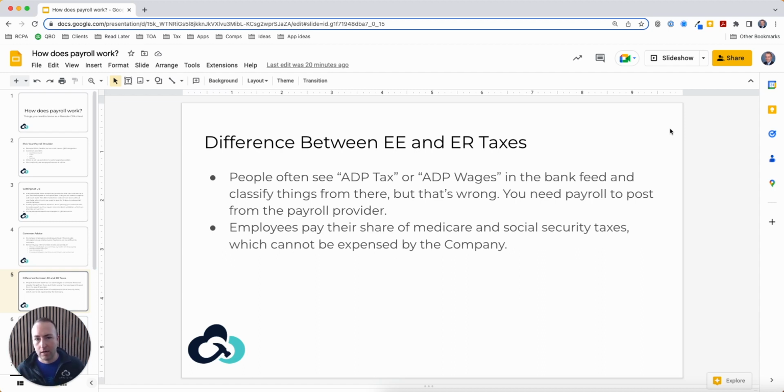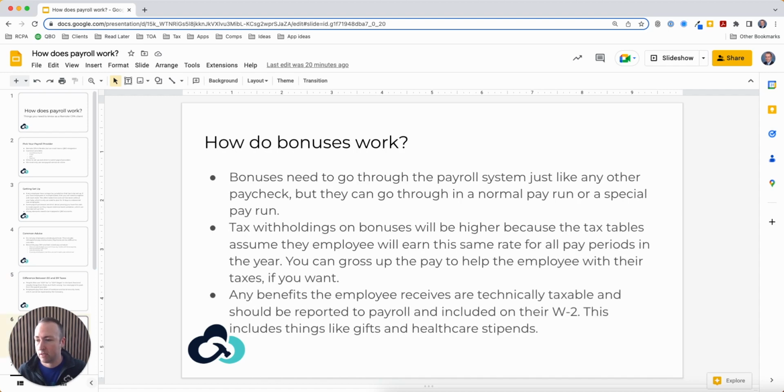And then we'll talk about it in a minute. The payroll liability account needs to reconcile to zero at the end of the month, and that's how we know that we've done payroll correctly. That's the difference between employee and employer payroll taxes.